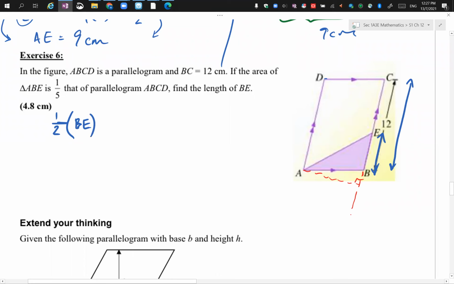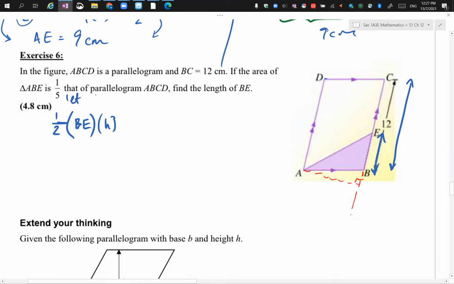By default, in primary school, for triangles, the base, as the English word suggests, is at the bottom. But it doesn't work over here. You need to rotate your paper. If you chose AB as your base, you don't have a common perpendicular height. Doesn't help you. So half times BE times your common perpendicular height, which I forgot to define again.